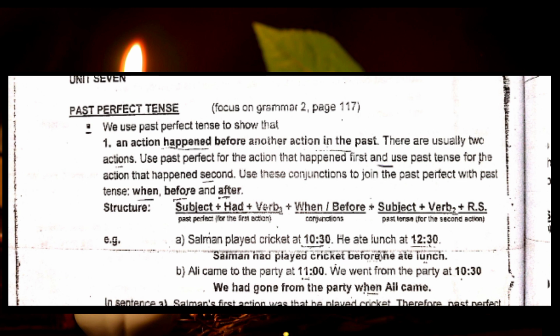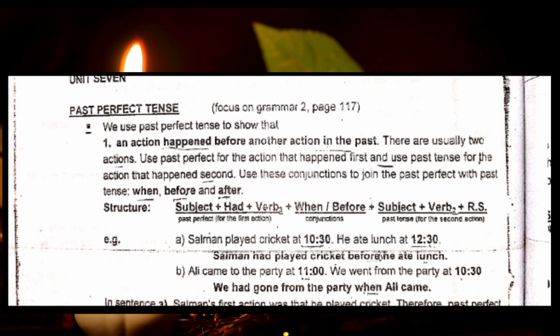Subjects are I, we, you, they, he, she, it. With all subjects, we use had, and after had, we use the third form of the verb, which is also known as past participle.